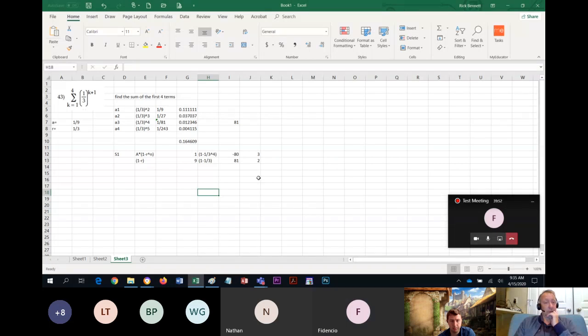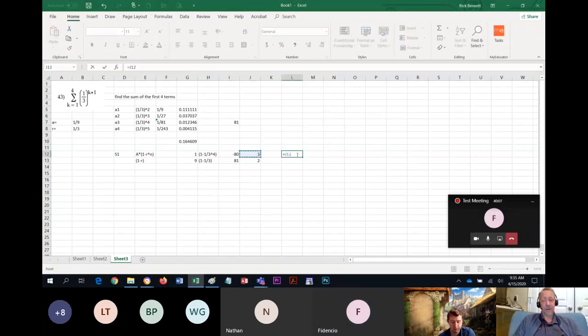What am I doing wrong? Because if I multiply these across here, 3 times negative 80 times 1 is negative 240. And then this times that times that, 240 over 15.